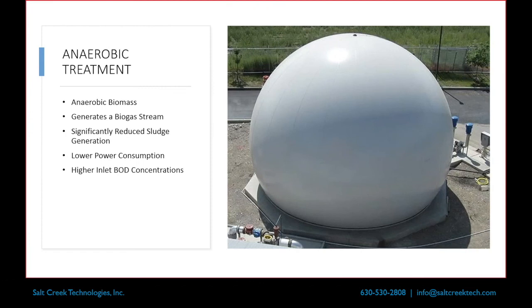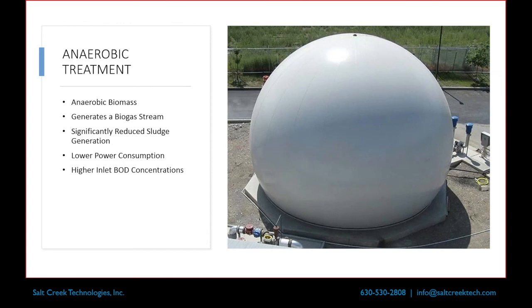Anaerobic treatment, I've already talked a lot about this. It generates a biogas stream, reduces your sludge generation, has lower power consumption compared to an aerobic system, and it can handle higher inlet BOD concentrations. This is just an interesting piece of equipment, I think, from anaerobic. So you saw the flat membrane covers on some of the other pictures.